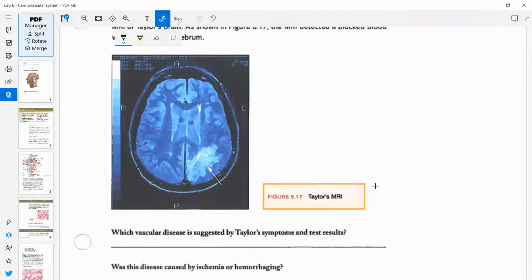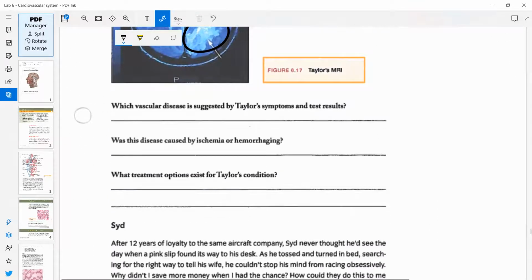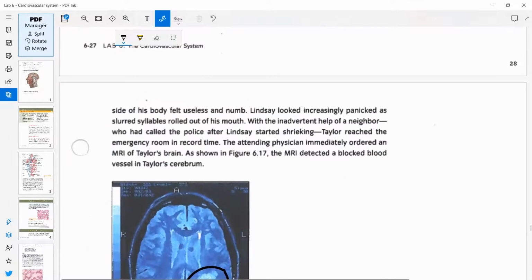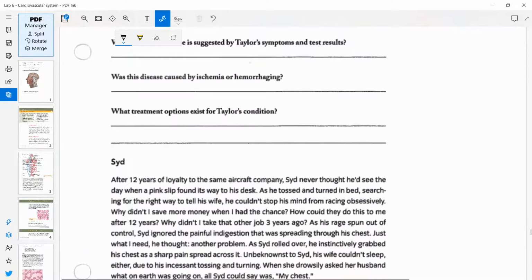So that is a stroke. Okay, obviously. And since it's a blocked blood vessel, this is an ischemic stroke. Treatment option: removal of the blood clot and therapy.